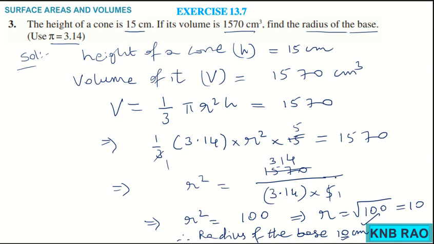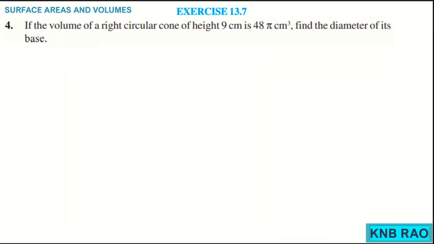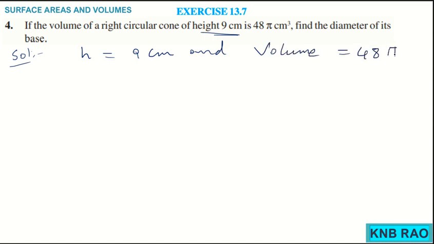Now moving on to question number 4. If the volume of a right circular cone of height, they gave the height already. So just like in our previous question, height is given as 9 centimeter and volume is given as 48 pi.